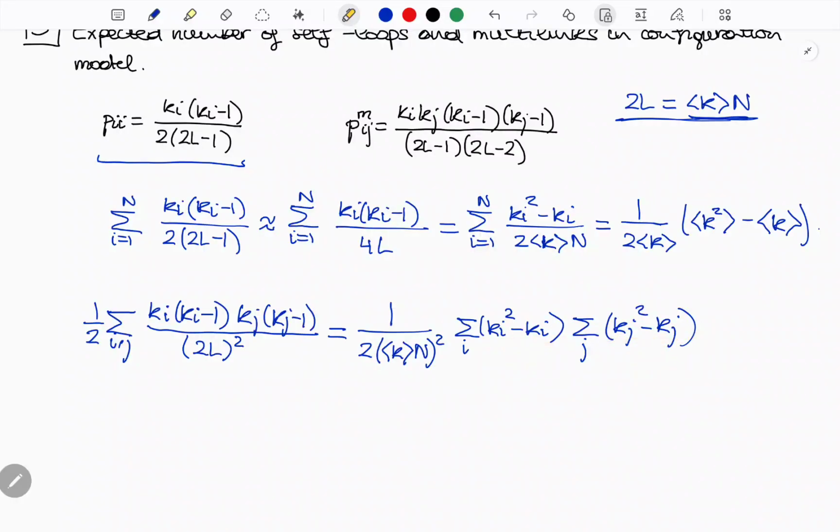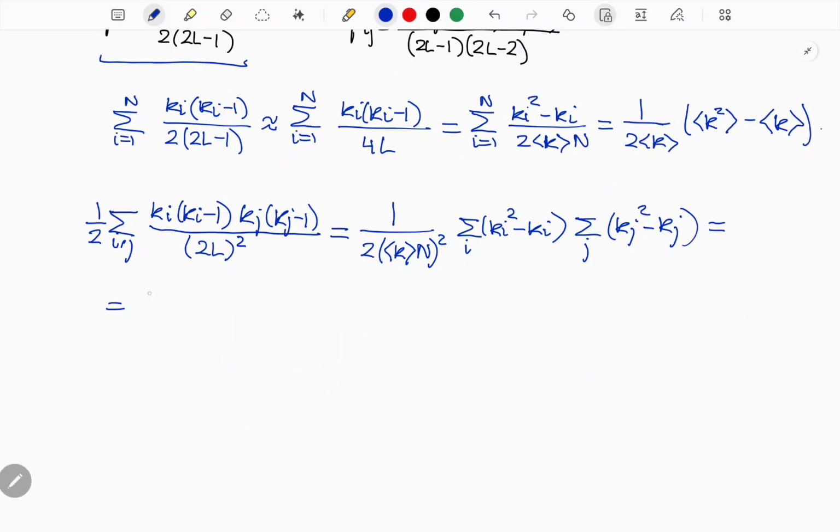And what I'm going to obtain is 1 over 2, twice the average degree times the average k squared minus the average k, and exactly the same for the other factor, so here I have a square. So this is the result for the average number of multilinks in the configuration model.